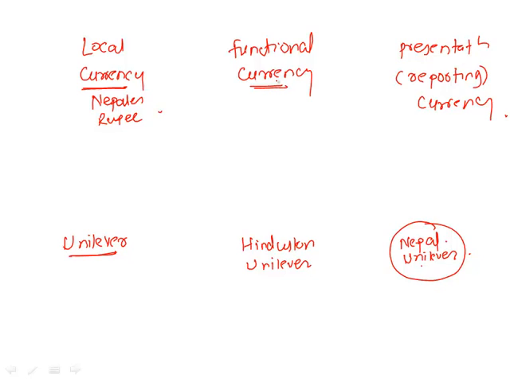Functional currency is the currency of the primary economic environment, meaning the currency in which the subsidiary is doing business. Now it is quite possible that the Nepalese subsidiary is doing its entire business in Indian rupee, or it is doing its entire business in the local, which is the Nepalese currency. So assuming this subsidiary is doing entire business in the Indian rupee, the functional currency in this case would be Indian rupees.